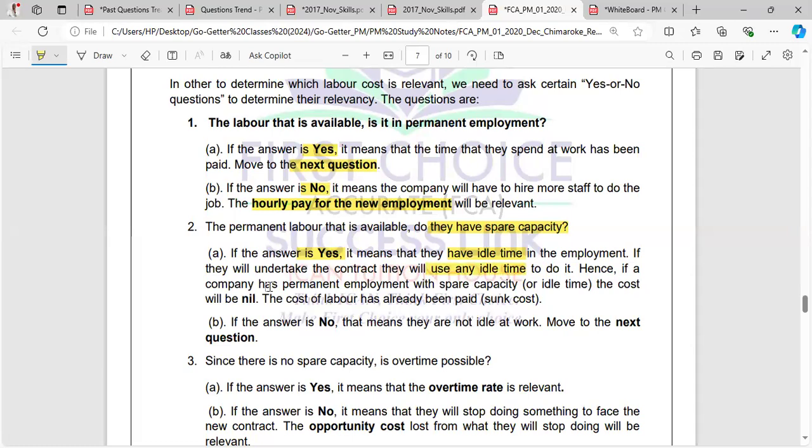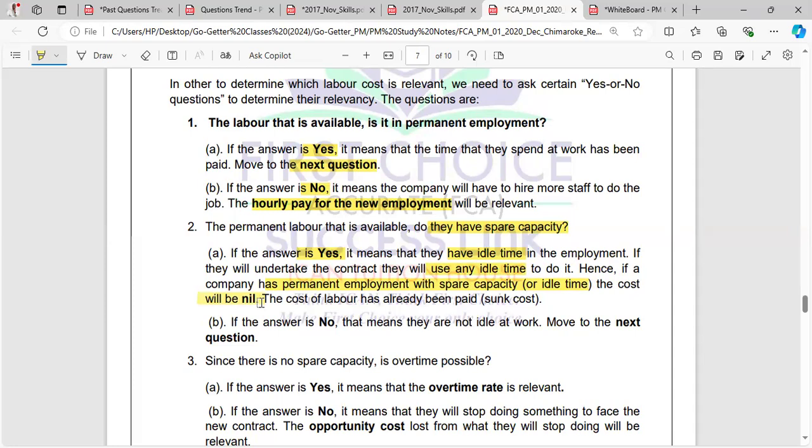Hence, if a company has permanent employment with spare capacity or idle time, the company will not pay those people for that special job. Why? Because your time as a permanent employee has already been paid.